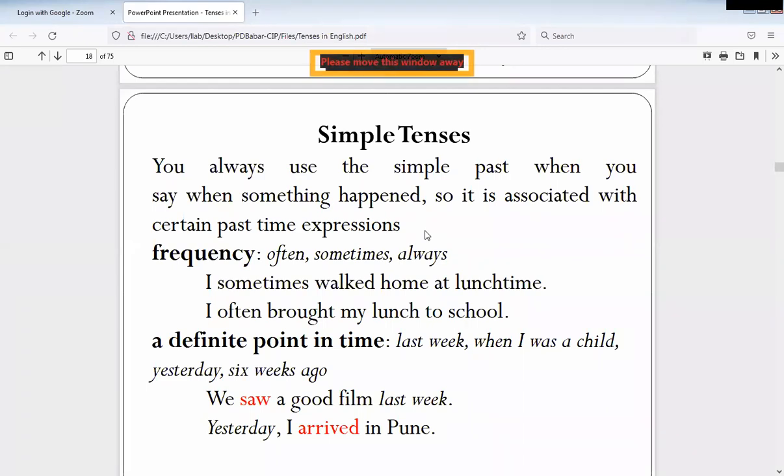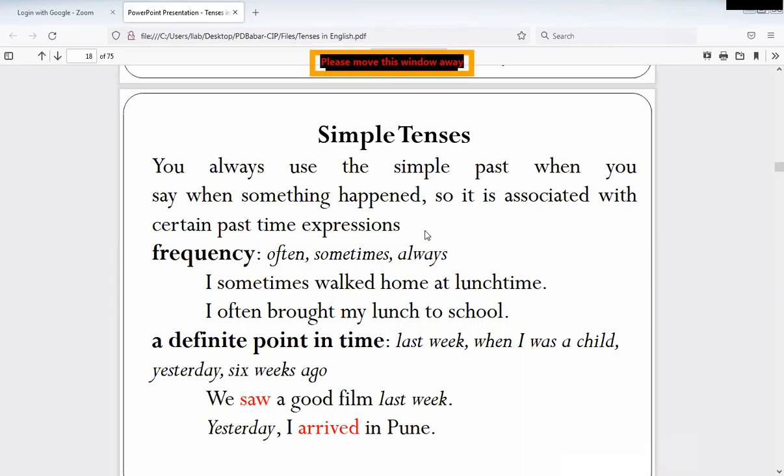So last week is the definite point. Okay, it is not an indefinite point. Last week we saw a good film, or we saw a good film last week. So this action has a definite point, that is in the last week, and not at present time, or if that person has seen that in the last month also.